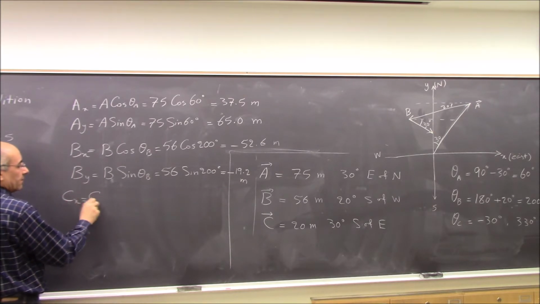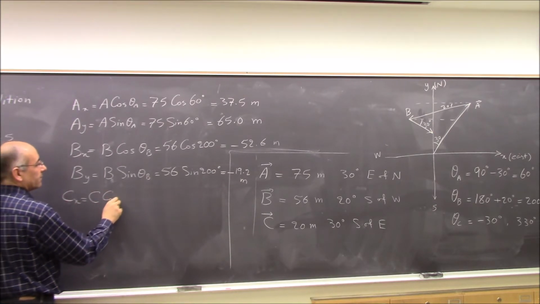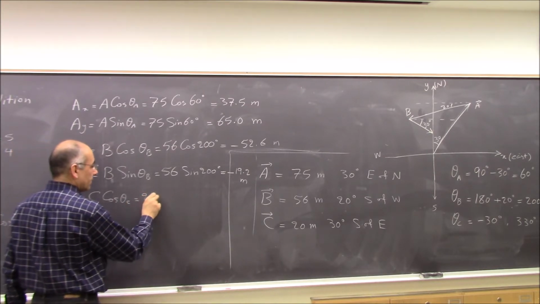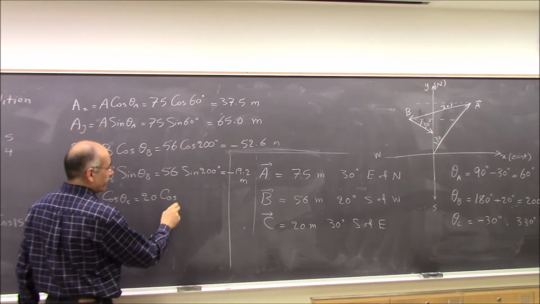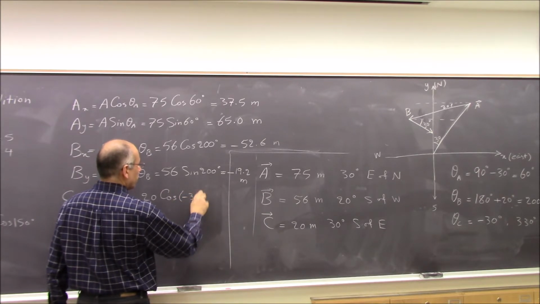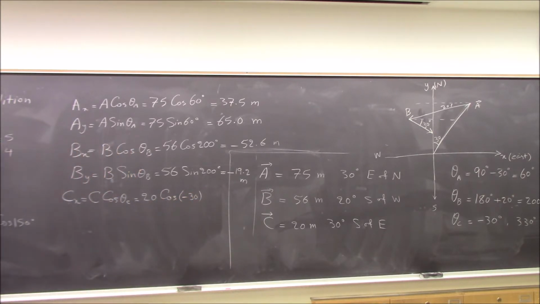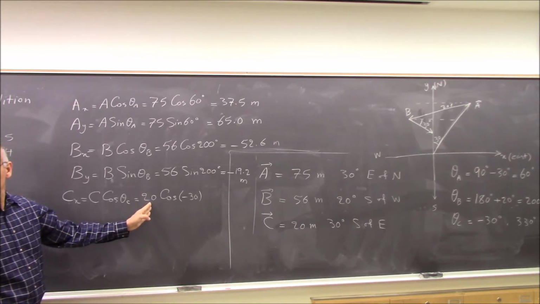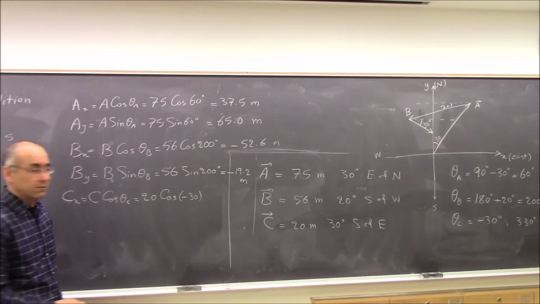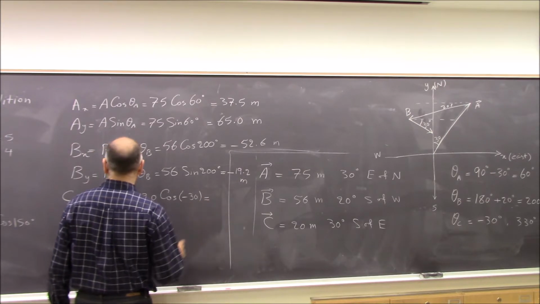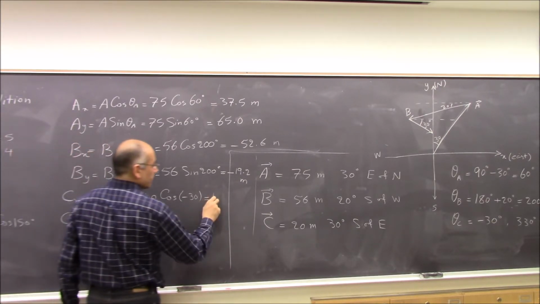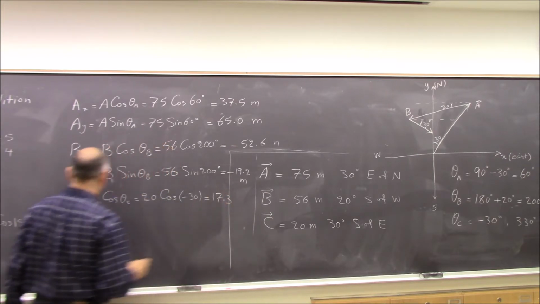Cx is magnitude C cosine theta C. Magnitude C is 20 meters, cosine of negative 30. For cosine, negative or positive doesn't matter, so that will be 17.3 meters.